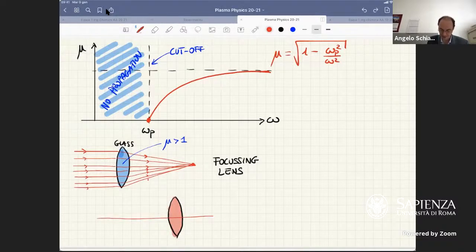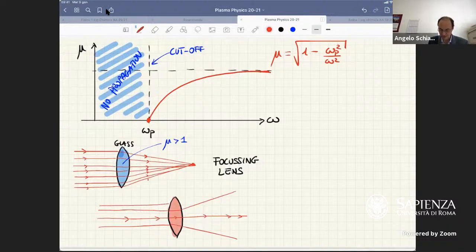This is the axis of the lens, so rays just go straight on the axis. But what is happening at the interface is, because the refractive index is less than 1, we have that rays are departing away from the axis, and we have that the plasma behaves as a negative lens.